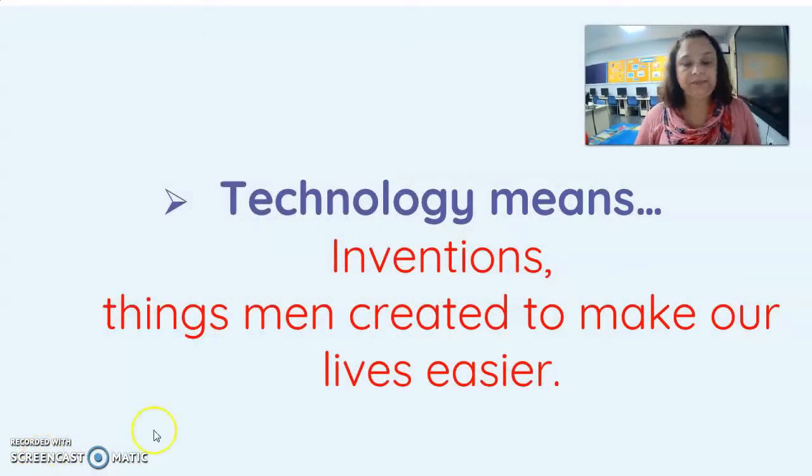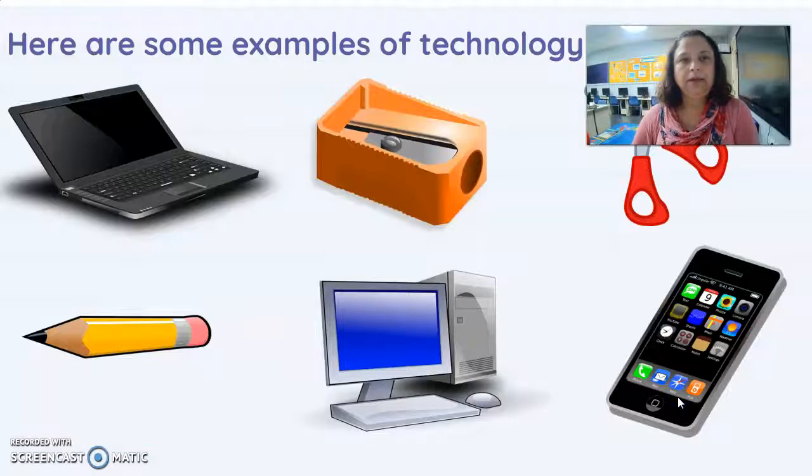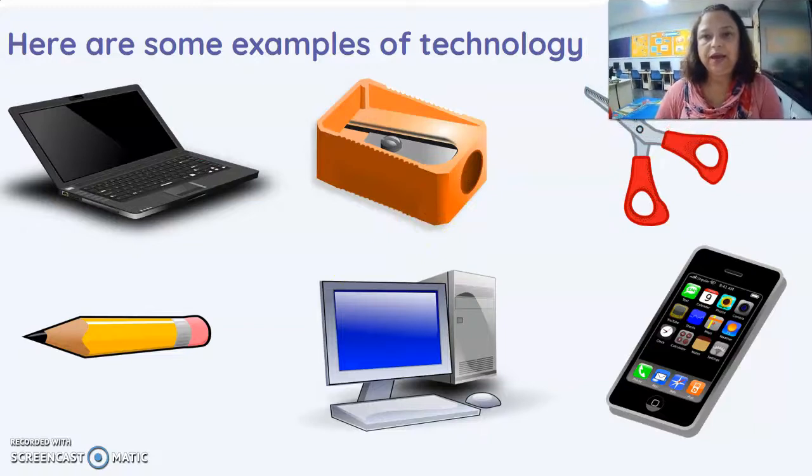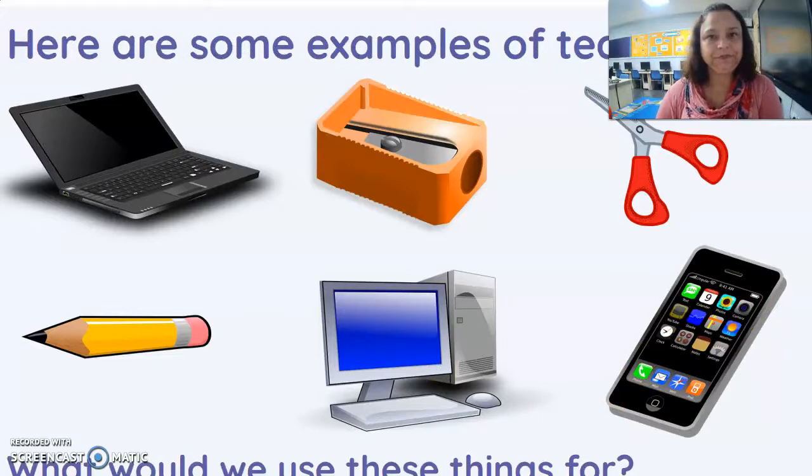So let's go back to the slides, and you are going to tell me. Here are some examples of technology. I have the laptop, but the pencil sharpener is technology. Scissors, a pencil, a computer of course, a smartphone. Now, what could you use these things for?